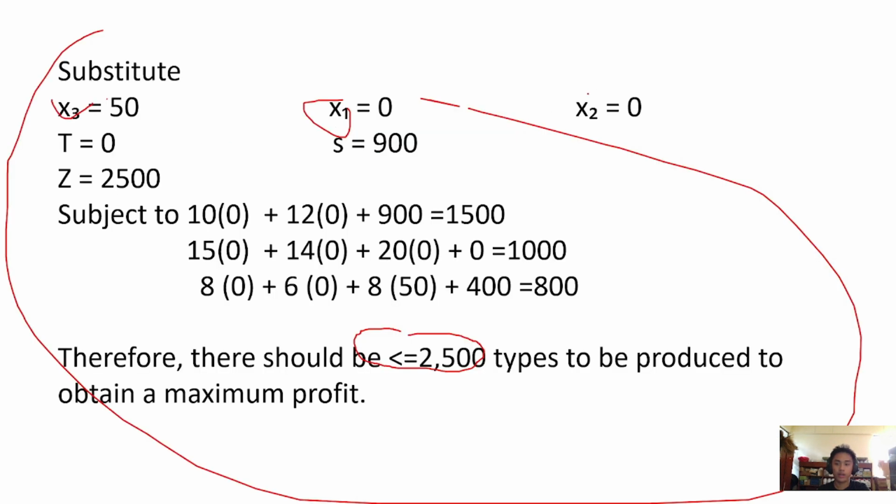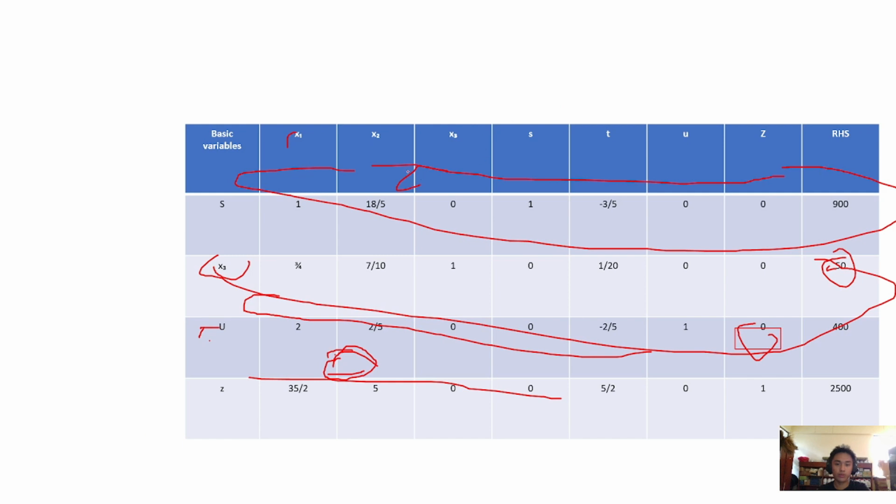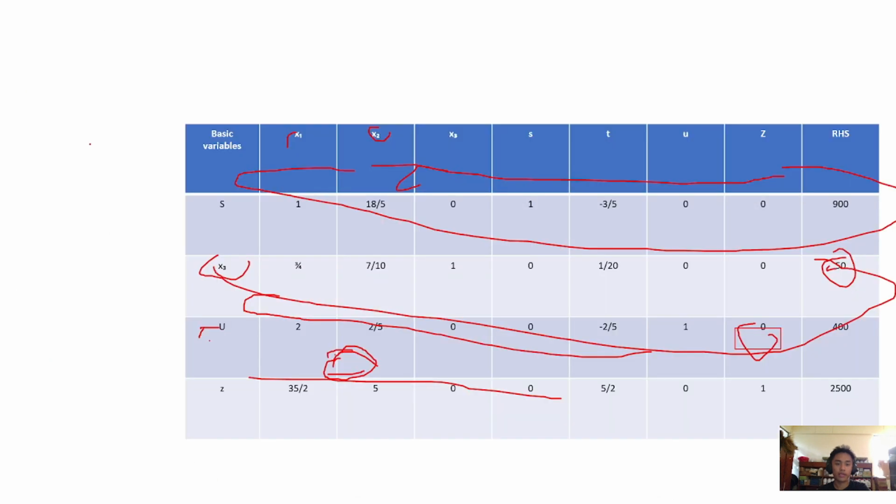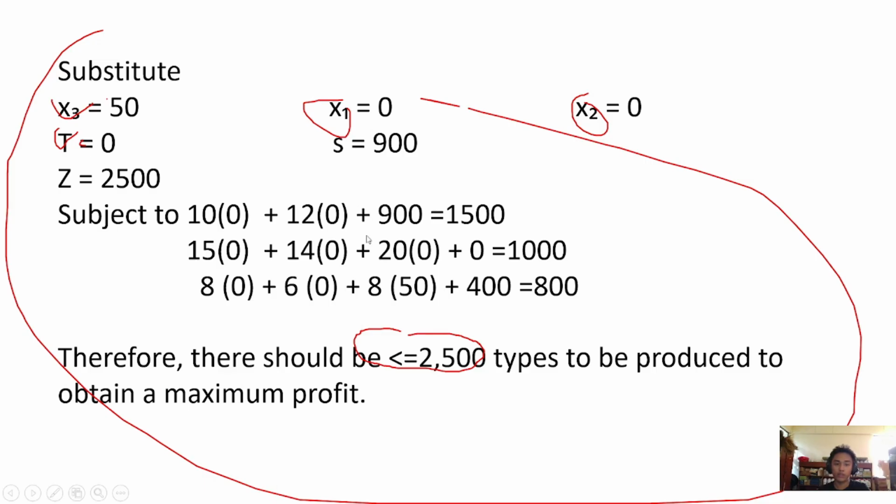Then X sub 2 is 0 kasi wala siya dito sa basic variables na column. Nasa row lang siya. T is 0. Bakit? Kasi siya yung leaving variable natin. Leaving, umalis na. So, ang value na is 0.